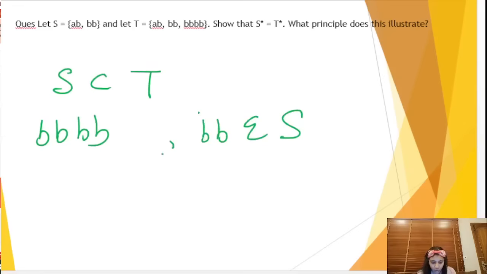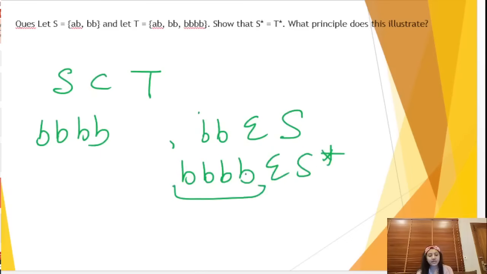So if BB belongs to S, then BBBB will belong to S star, since this can be formed from the concatenation of BB, right? So if BB belongs to S, then naturally its concatenation with itself will belong to S star.